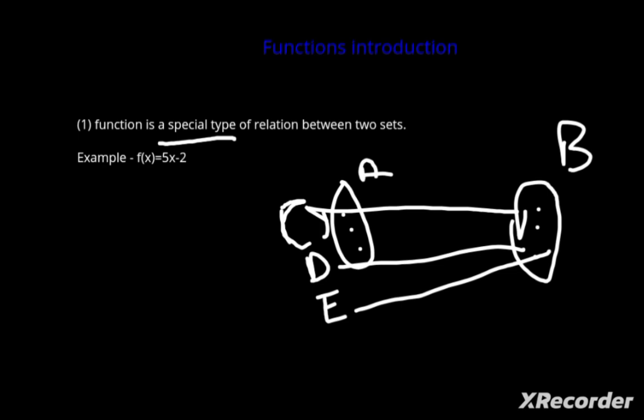For example, there is an element N in the set B. So the possibility can be that C, D, and E are all mapped to N, and it will still be considered a function. So functions are a special type of relation.